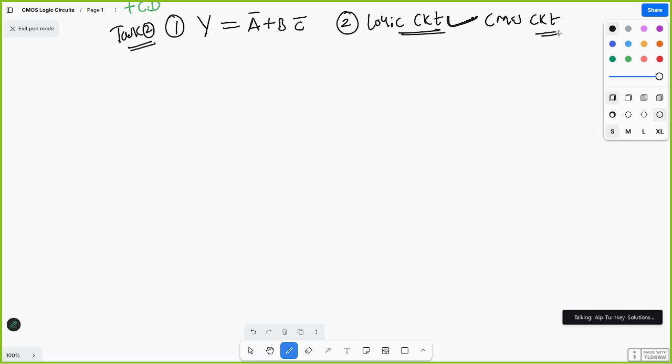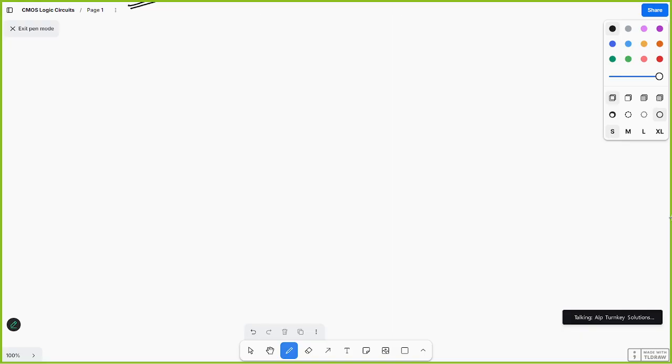Next, CMOS multiplexer. How to implement this CMOS multiplexer? We are done with the basic universal gates, NAND gate and NOR gate, and next we have seen the Boolean expression, and next you need to implement a CMOS combinational circuit, that is nothing but a multiplexer, mux.